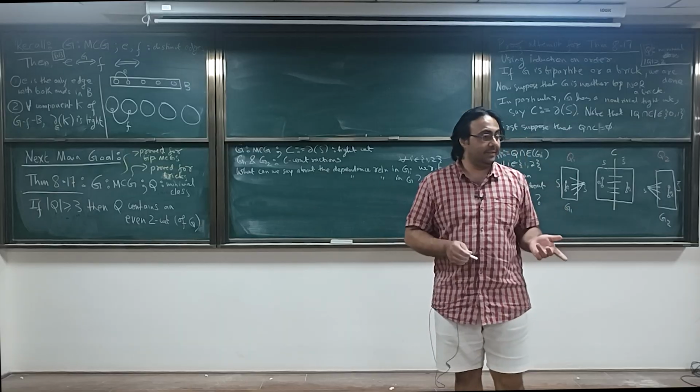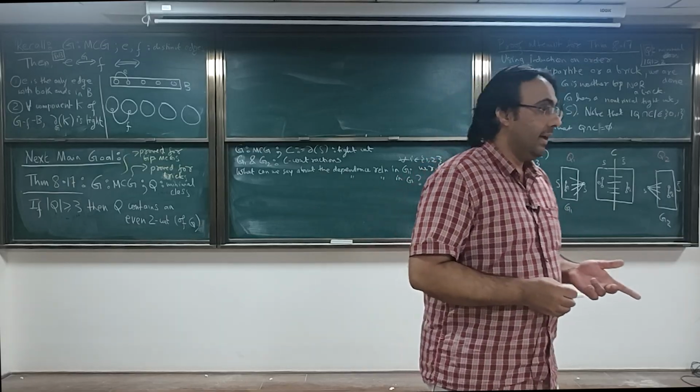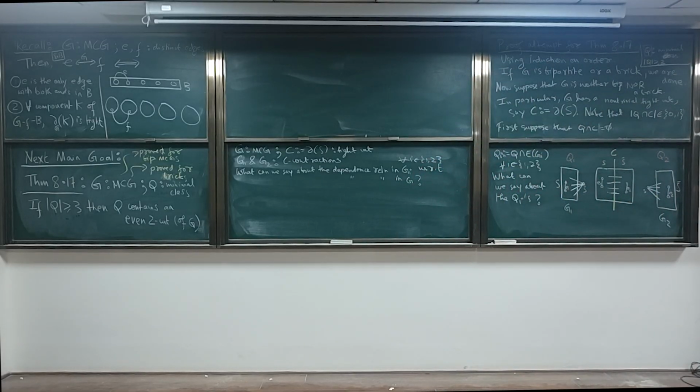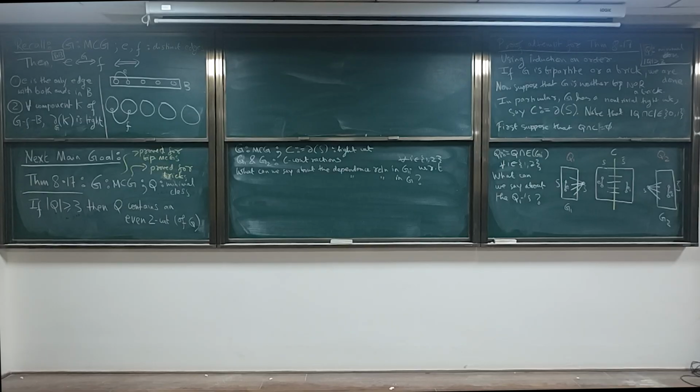So just based on this, you can conclude that the dependence relation in Gi is simply the dependence relation of G restricted to edges of Gi. Right? You can restrict the relation to a subset of the edges. And that is what it is.